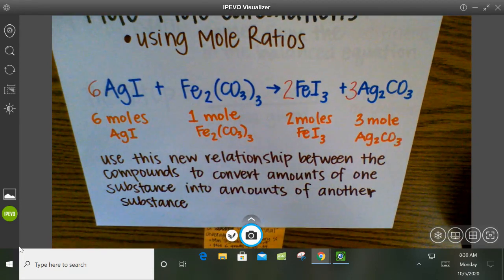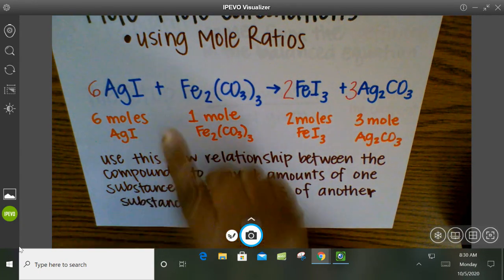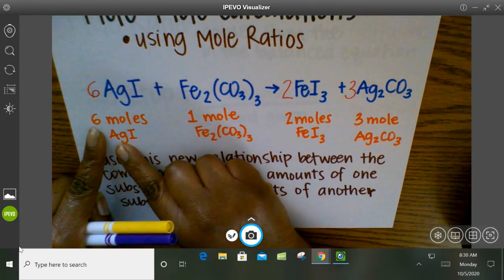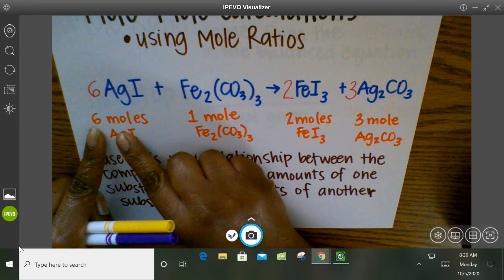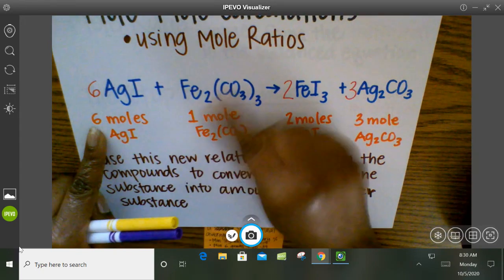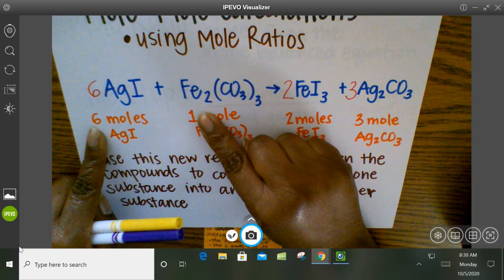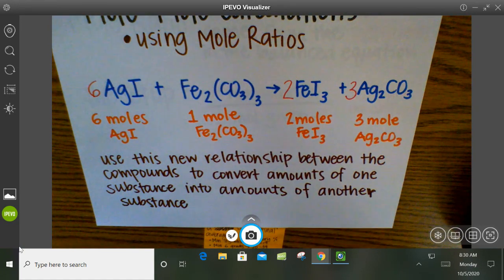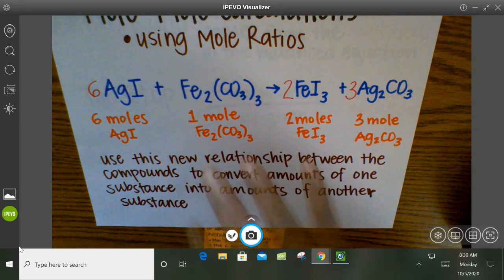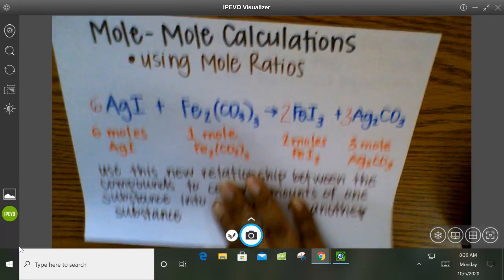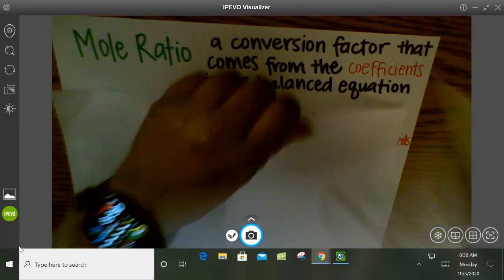It's a doubling of that. But what if I have half of that amount? If I have only 3 moles of silver iodide, then I'm only going to need half of this amount. Having that relationship helps me out, and it is what the mole ratio is all about.